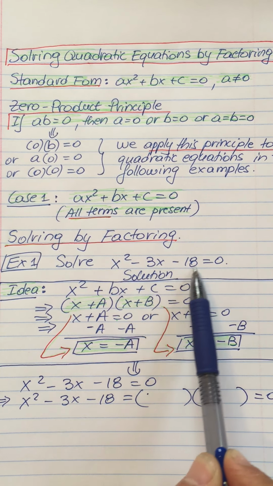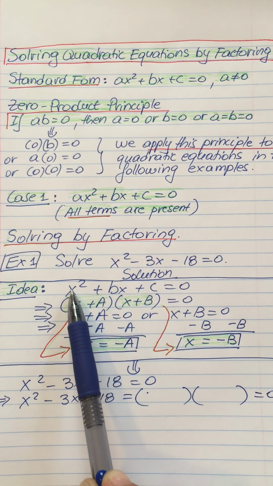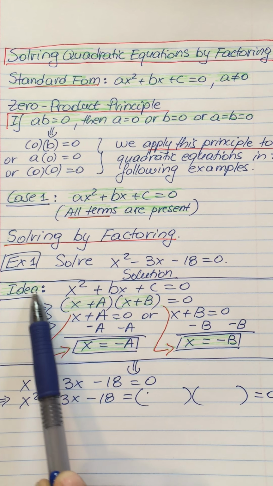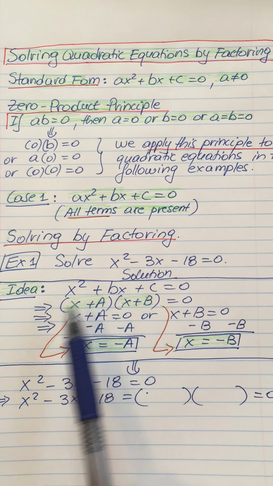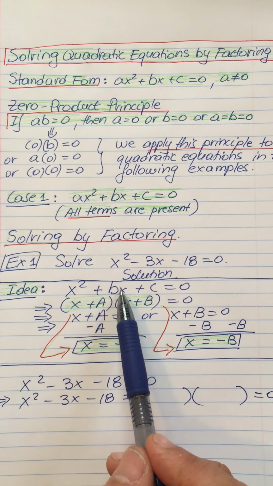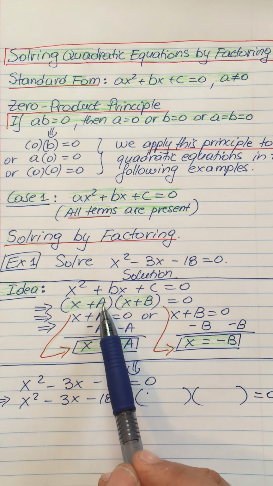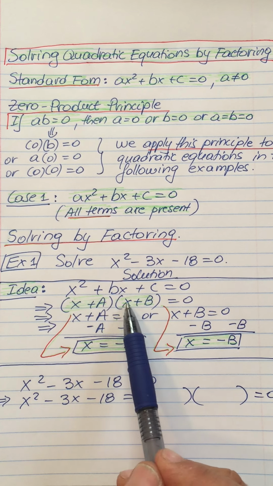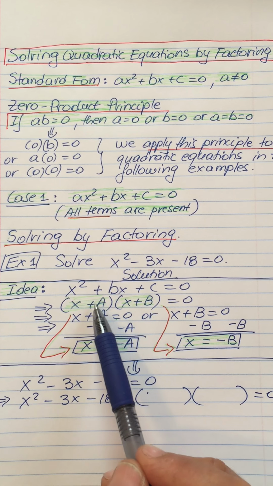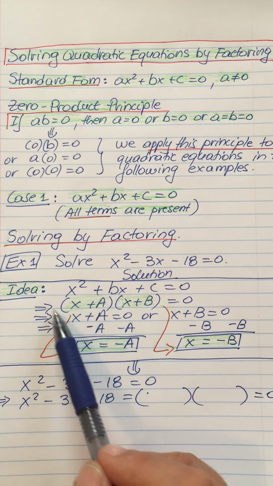Now, the first example: we want to solve x squared minus 3x minus 18 equal to 0. As you see, the left side of the equation is a trinomial in the form x squared plus bx plus c. What is the idea of solving by factoring? We are going to factor the trinomial as x plus a times x plus b, where the x's are the factors of x squared, and a and b are two numbers whose product is c and whose sum is b.